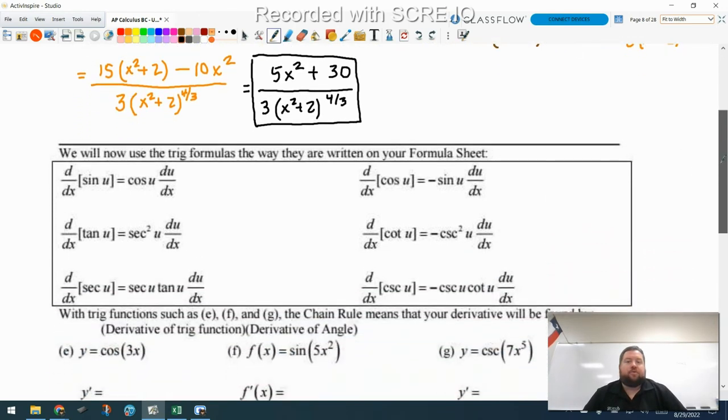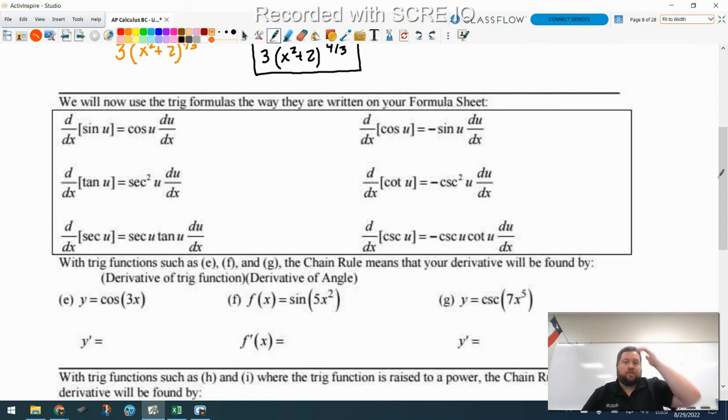All right, these are the same trig formulas that you've already learned, just written as a chain rule problem. Okay, so it's a derivative with respect to x, but inside the function is a u. Okay, so you do the derivative like normal. Derivative of sine is cosine of u. But then because u is another function, that's what we're saying, then you have to multiply by du over dx.